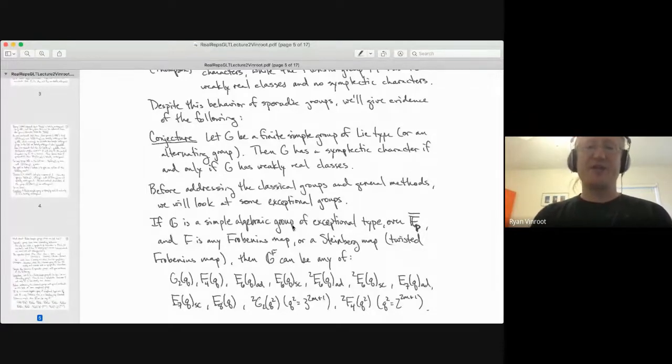They generalize Frobenius maps. If G is a simple algebraic group that is of exceptional type, this just means it's not classical. This means G can be type G2, F4, E6, E7, or E8. And what are the finite groups that come out of this by choosing a Frobenius or twisted Frobenius map? Well, we get G2, F4 over Q.